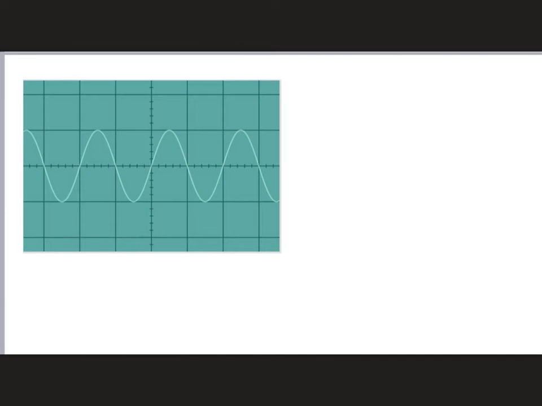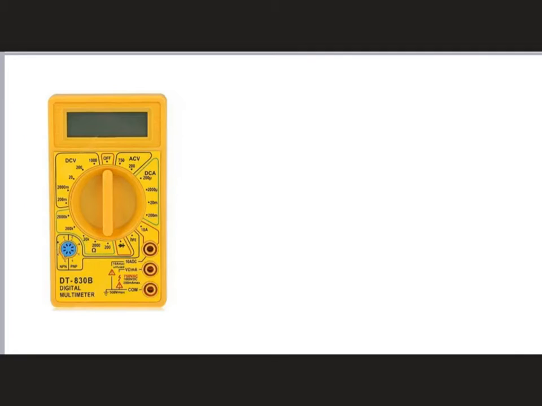So a question arises, what would you measure if you put it in just a regular old-fashioned voltmeter like we've used before? So here's the typical digital voltmeter that we have used in lab previously. And you can see there are settings for measuring direct current voltages, and we know that's when the voltage is constant.